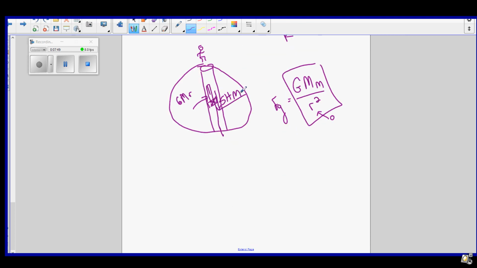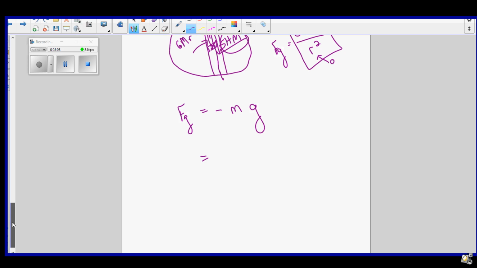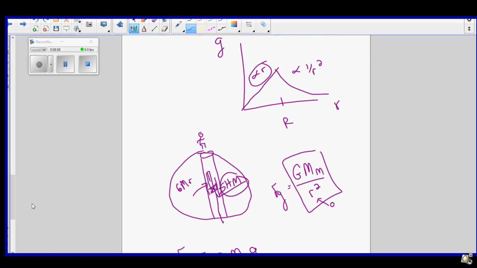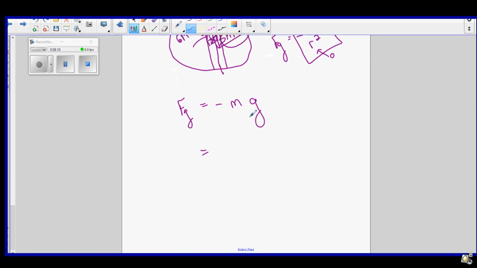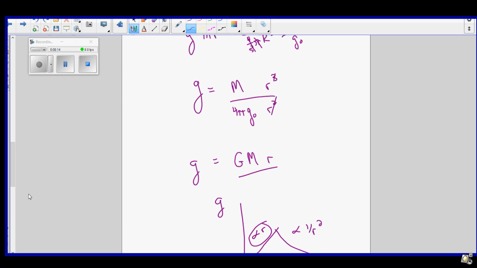So let's check, is it really simple harmonic motion? Well, we know that the gravitational force is just mg, and it's an attractive force, so we put a minus there. So m is your mass, g is the gravitational field strength, and since I'm jumping into this hole in the Earth, I'm going to use the gravitational field strength inside of the Earth, which is GMr.